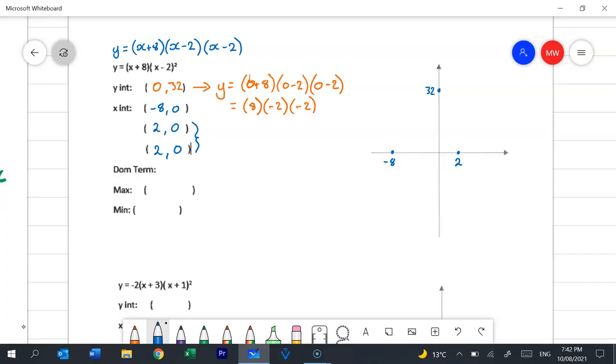Now, because two of these are the same, what that means is that the curve's going to come up, we'll turn back through 32, just kiss 2, and then head back up again. We know it's a positive trend because we've got a dominant term of x cubed. It's not a negative one, so we've drawn that correctly.